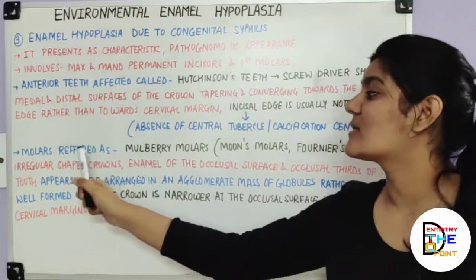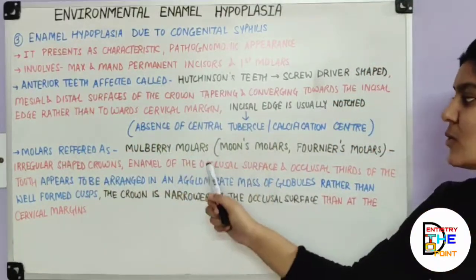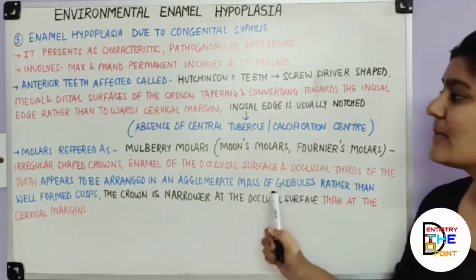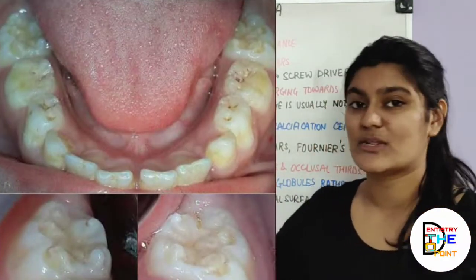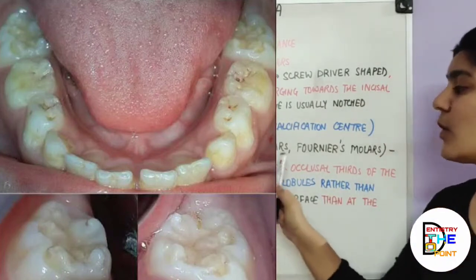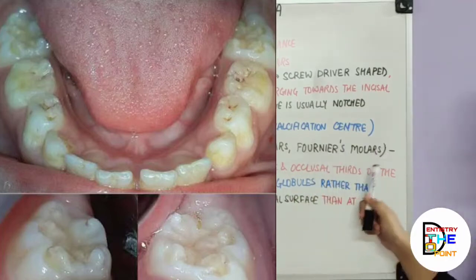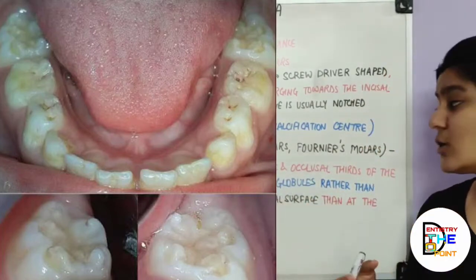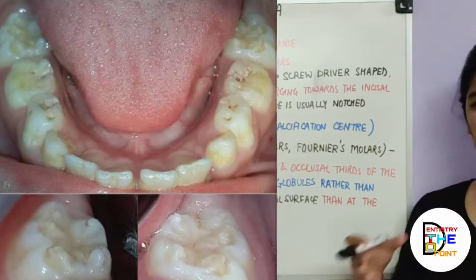Also, the molars are known as mulberry molars, also known as Moon's molars or Fournier's molars. Why are they called mulberry molars? Because they have irregularly shaped crowns. The enamel of the occlusal surface and occlusal third of the tooth appears to be arranged in an agglomerate mass of globules.